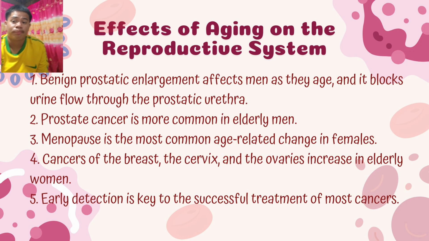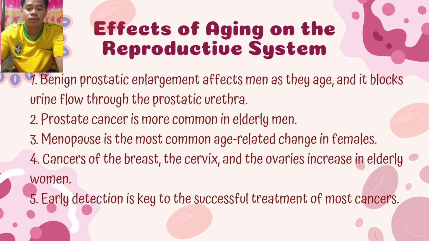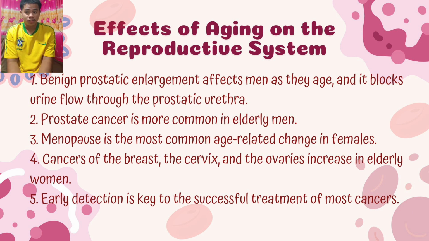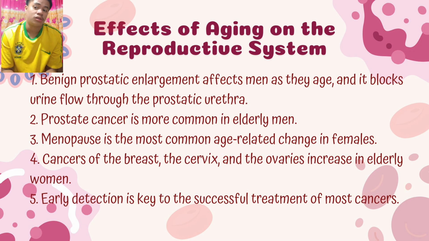And here is the explanation of benign prostatic hyperplasia, which is BPH. As men age, the prostate enlarges, which can block urine flow through the prostatic urethra. Prostate cancer is more common in elderly men, making regular screening important.